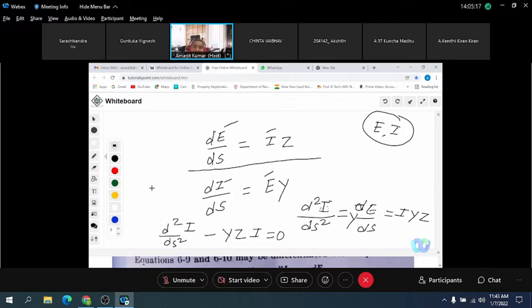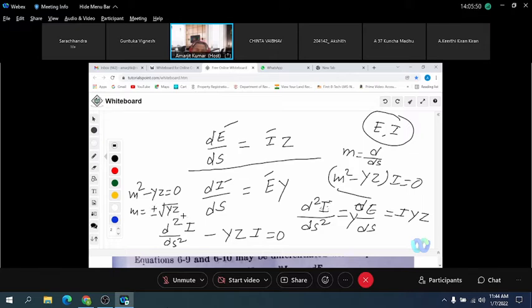In terms of the operator m, it will be basically m square minus YZ into I is equal to 0, where m is the operator d by ds. If you solve this, m square minus YZ is equal to 0, so we are getting both plus and minus under the radical YZ. So m is equal to plus minus root YZ.